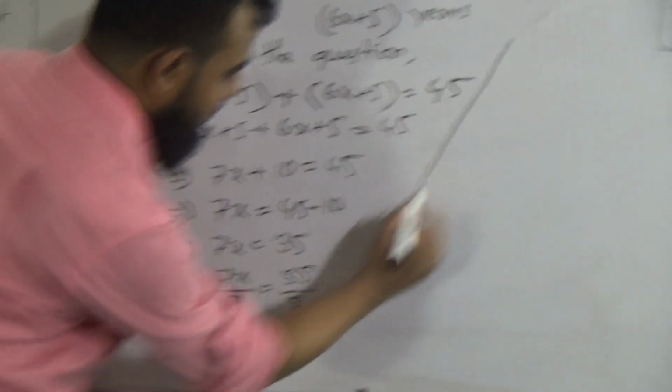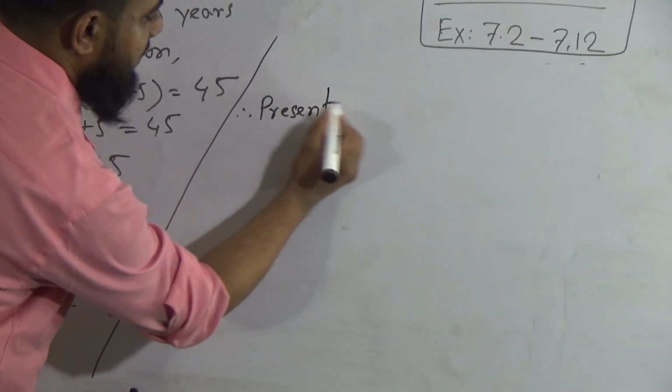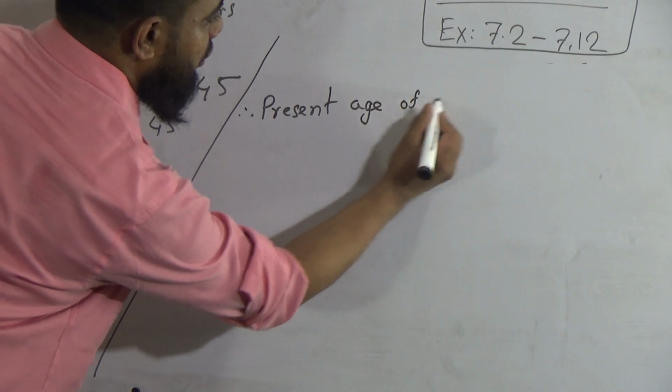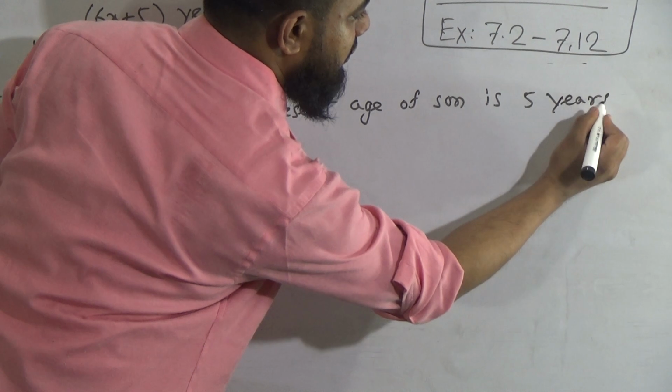So write down here, therefore the present age of son is 5 years.